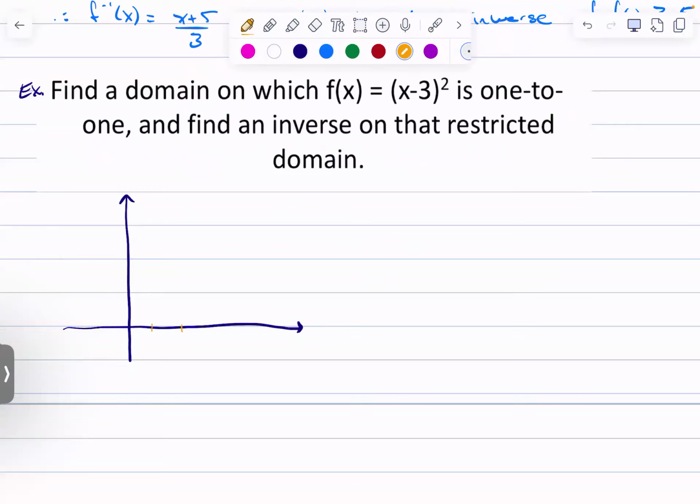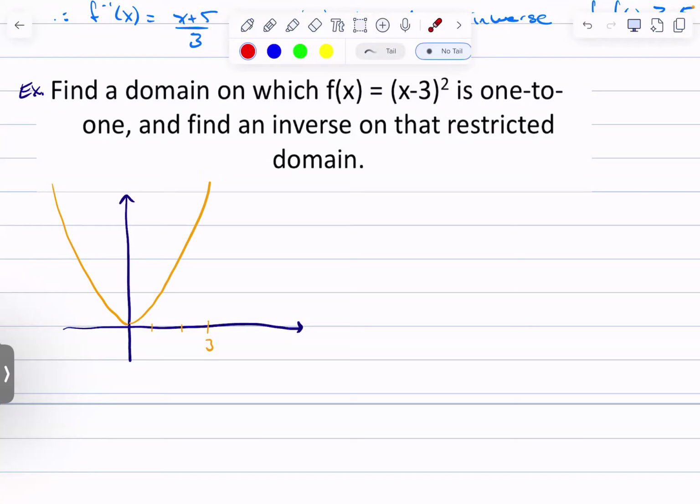1, 2, 3. Where did I move 3? I take my parabola, which starts off kind of like this. And x − 3 manipulates the horizontal axis, right? So here's x².